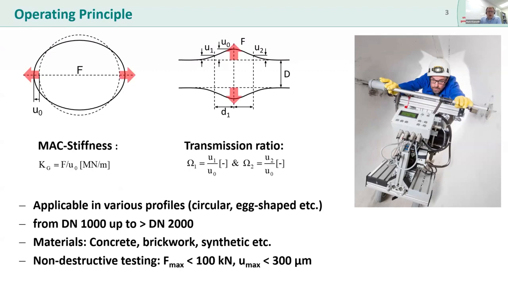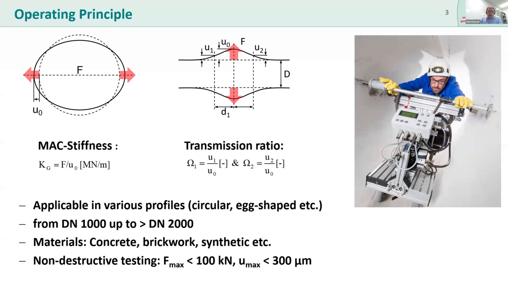The whole system is applicable in various profiles. Circular, egg-shaped, mouth profile, it doesn't actually matter, and you can apply it from DN 1000, which is accessible, up to dimensions of more than 2000 mm. The largest we have ever tested was 2600. Materials, concrete, brickwork, synthetic, also don't matter.